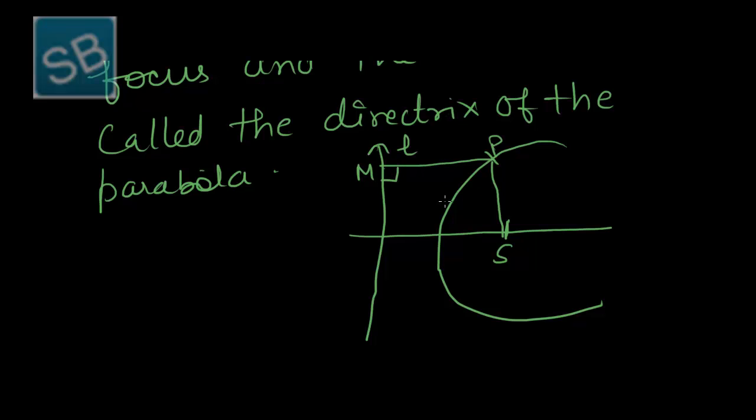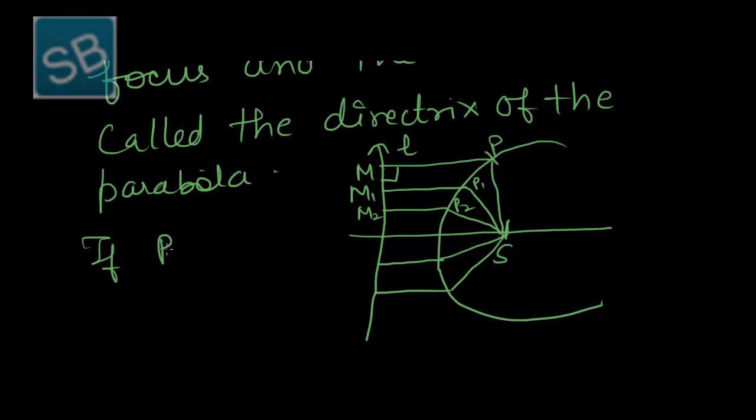So we can find the perpendicular distance PM. Generally we can say P1, M1. So all these points will satisfy this condition. Or here we can also draw. So all these points will satisfy the given condition.